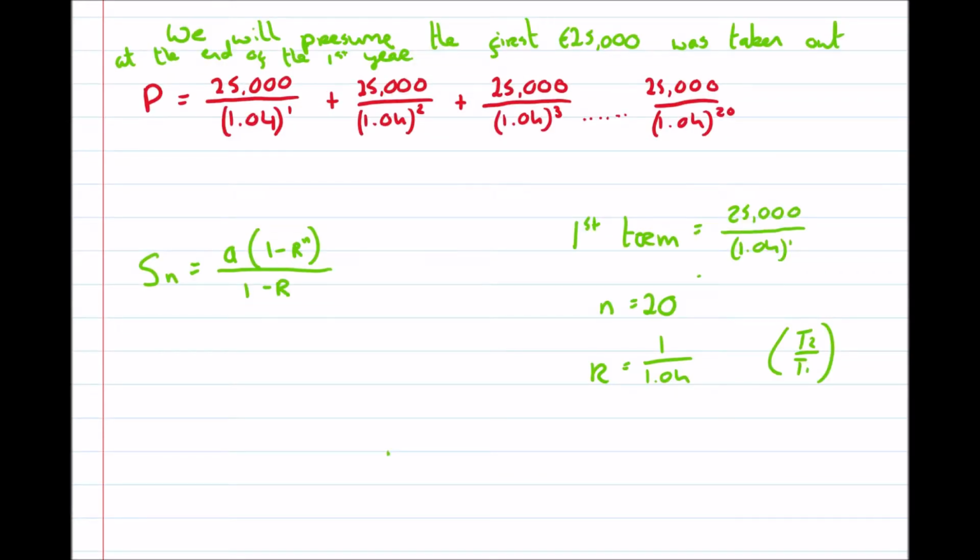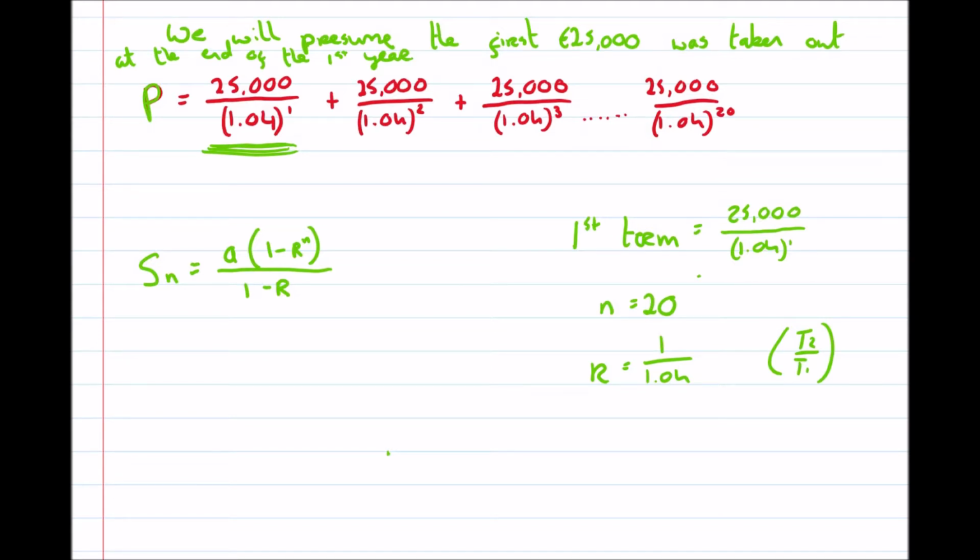Okay, so here is the easier, more straightforward way of doing this question. It's to do with series. It's the sum of a geometric series. So here's what we do. We find the present value of all the €25,000 over the 20 years. The first term is going to be 25,000 euros over 1 plus the interest rate. Remember, the interest rate was 4%, which is 0.04.